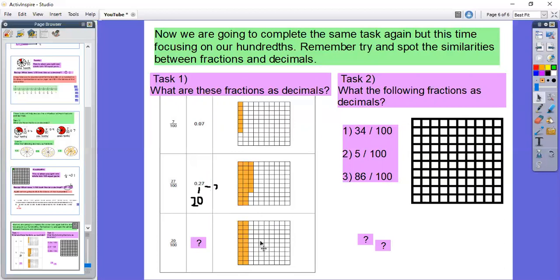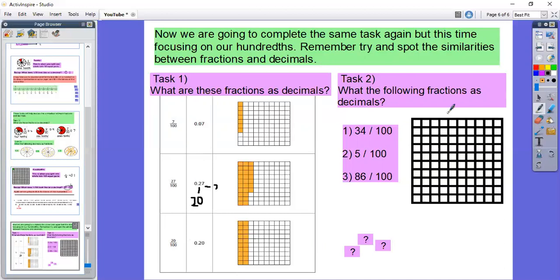Let's see if you can use your knowledge from this question now. So it would be 0.20. So it's not quite 0.02. That would mean it's only 2. So like 7 is a 1-digit number, so that would be my hundredths column. But as soon as I have a 2-digit number, it moves forward into my tenths column, and then my hundredth has the 7.